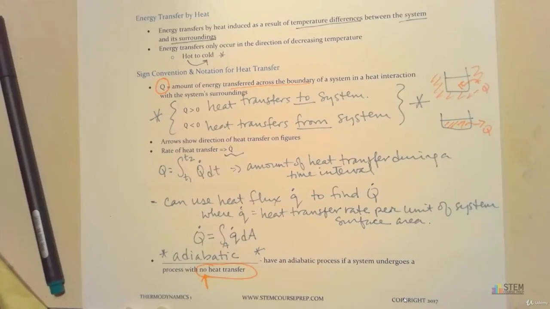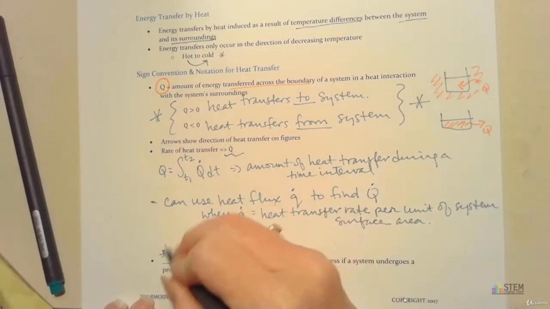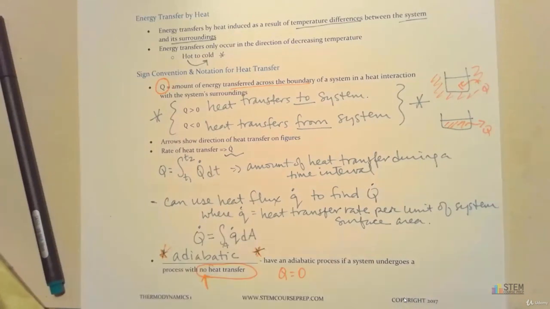That's going to be important to look for when you're working out your problems, because if you see where it says the system is undergoing an adiabatic process, that means Q is going to be 0, because there's no heat transfer. So keyword right here. Make sure you pay attention to that one, because we will see it over and over and over again.